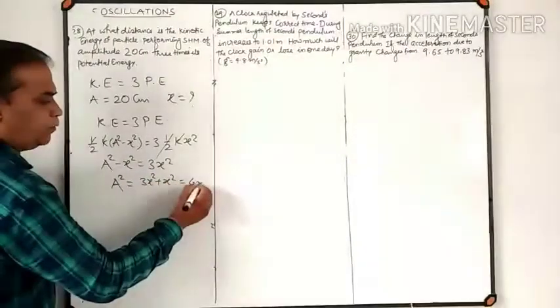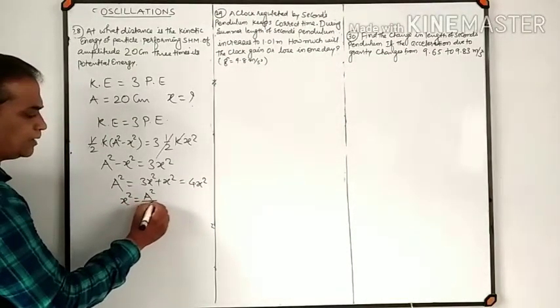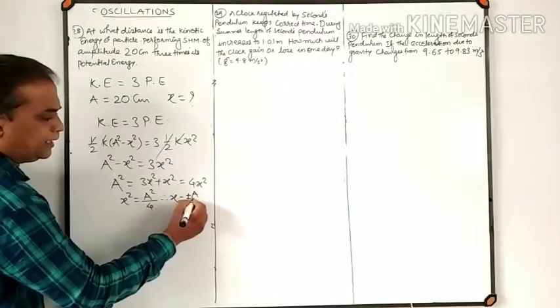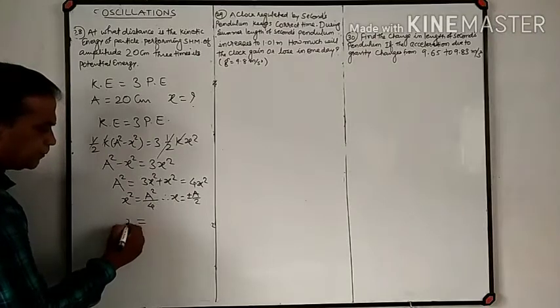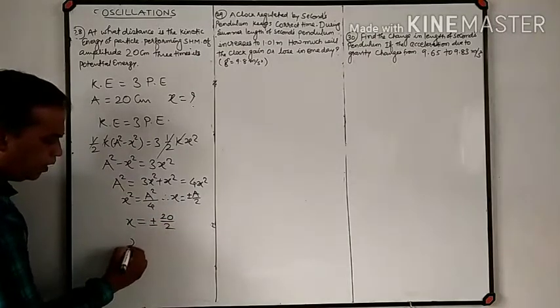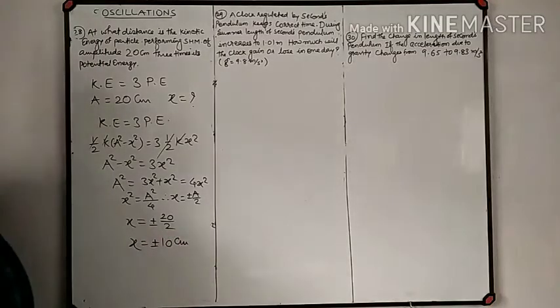So x square is equal to a square divided by 4. Therefore x is equal to plus minus a divided by 2. The amplitude is given 20 centimeter, therefore x is equal to plus minus 20 divided by 2, that is x is equal to plus or minus 10 centimeter.